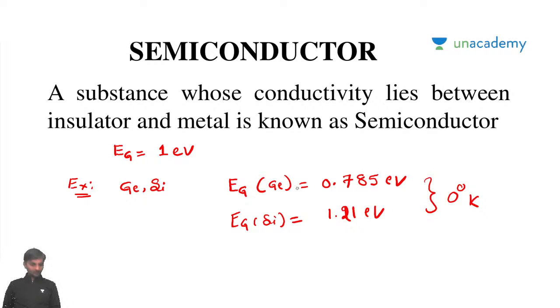Now, a very important point here. This is the note which you should remember: many times in previous GATE examinations, they asked that at 0 degrees Kelvin, germanium and silicon act as what, sir?